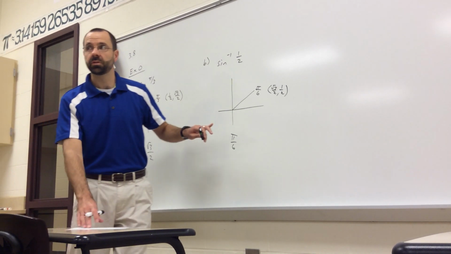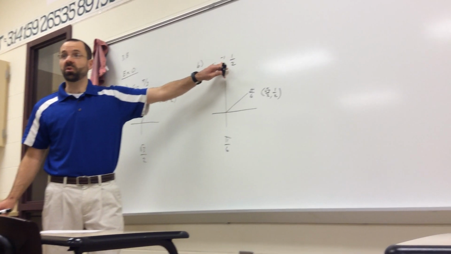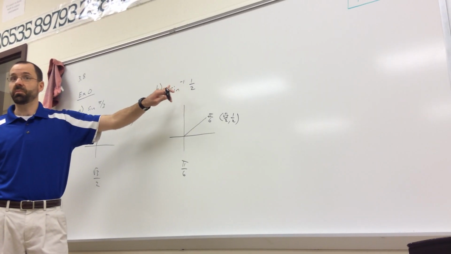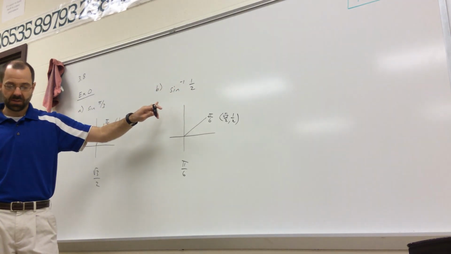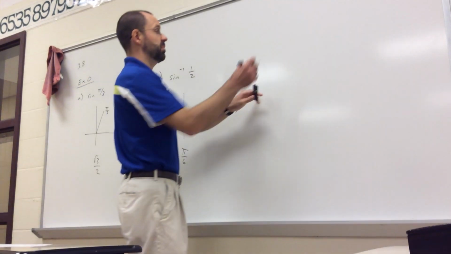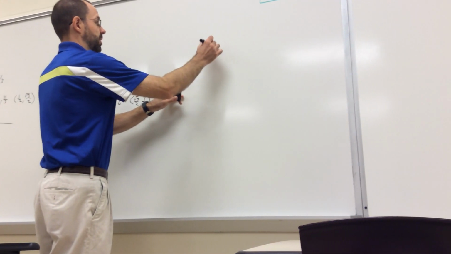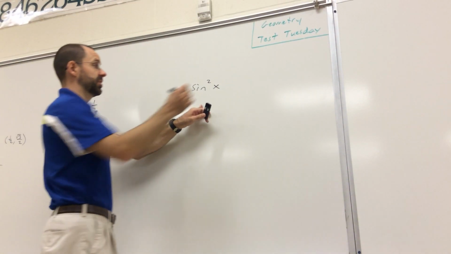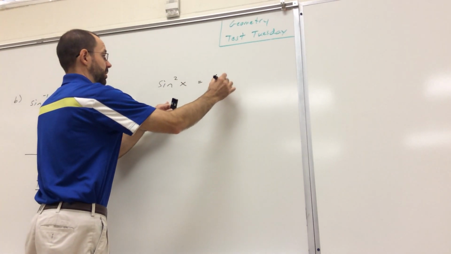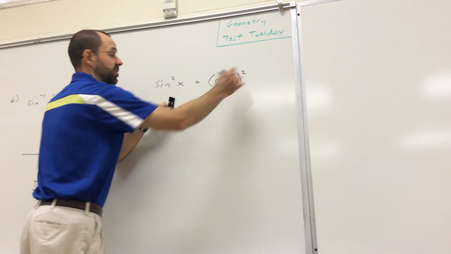Okay, so this doesn't mean reciprocal. It means inverse, even though it kind of looks like reciprocal. Okay, so keep in mind that if you write sine squared of x, that does mean sine of x squared.